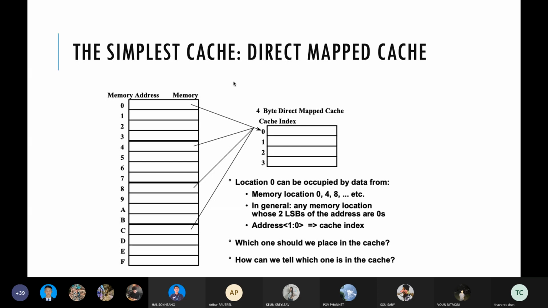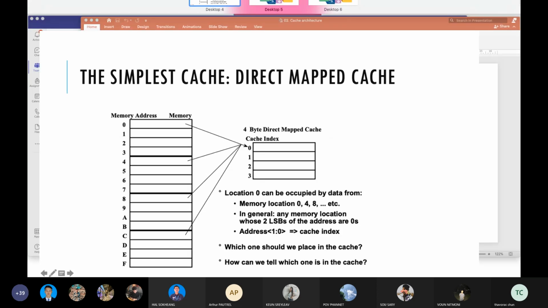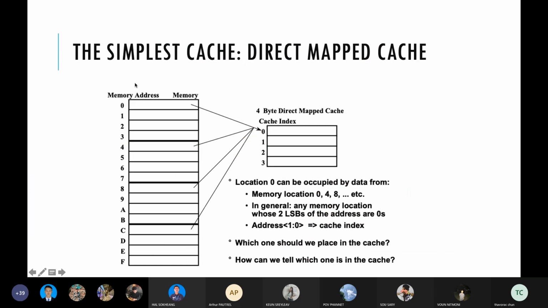Okay. So there are a lot of architectures, a lot of methods that you can use to store data inside the cache. Here we talk about the simplest architecture. It's called the direct map. Inside the direct map, we split the data into different blocks.